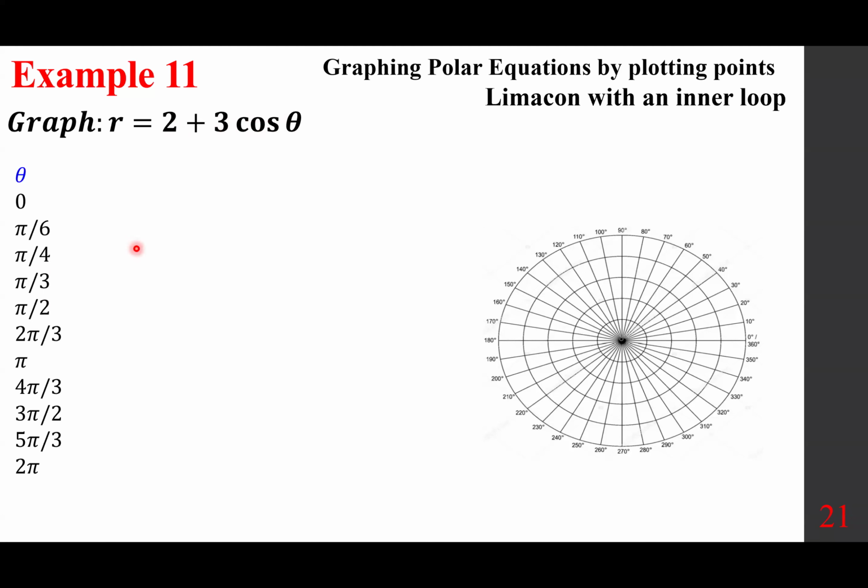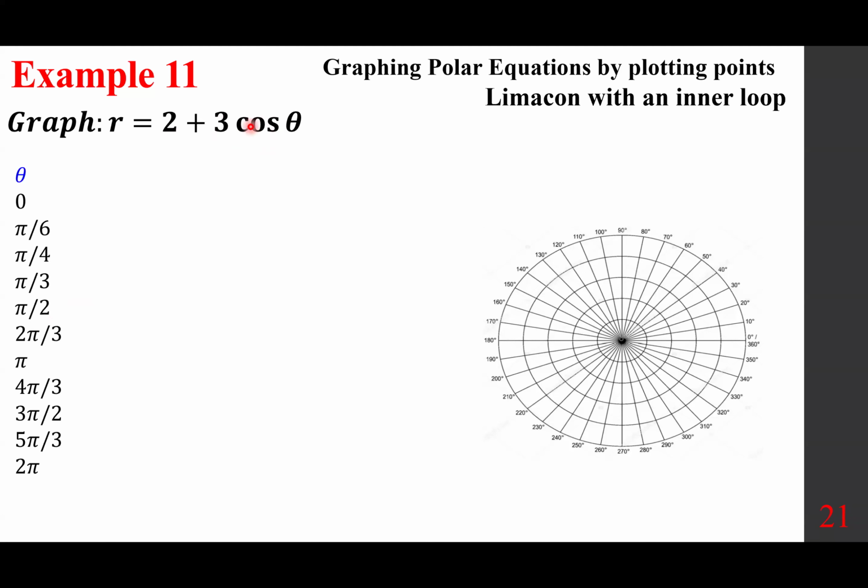Pi over 2 is a good number because cosine is 0, gives us 2. 2 pi over 3 is a good number because the answer is 1/2, and because it's in the second quadrant, -1/2. So the same as pi over 3, but negative because cosine is negative in the second quadrant. So -1/2, you get -3/2 and 2, you get 1/2 here.